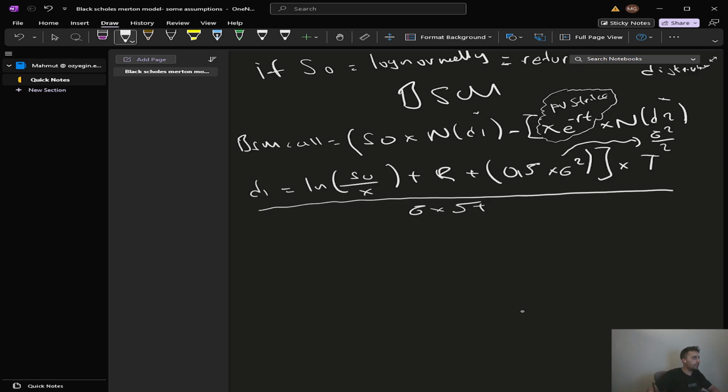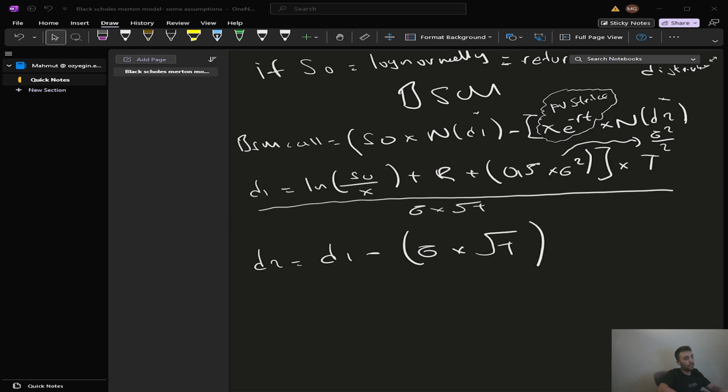You will understand what these formulas mean, and why we have d2 equal to d1 minus sigma times the square root of t. This is like a standard deviation, like a variance, you know. You should understand it. And this is our Black-Scholes formula, and you should understand it very well.